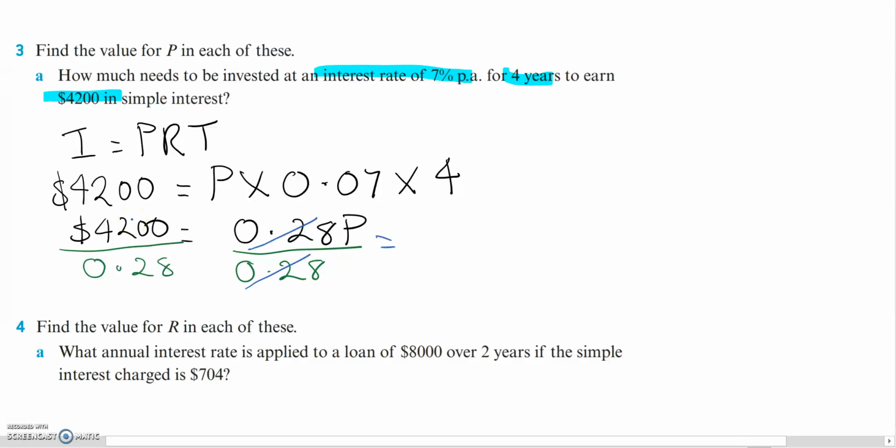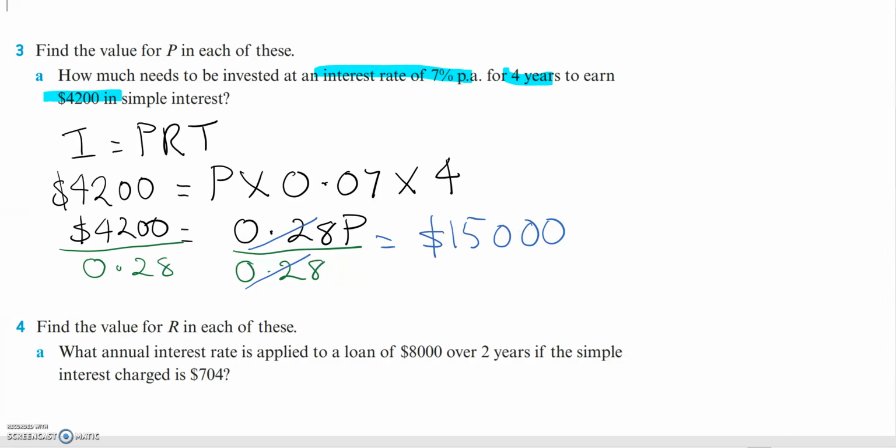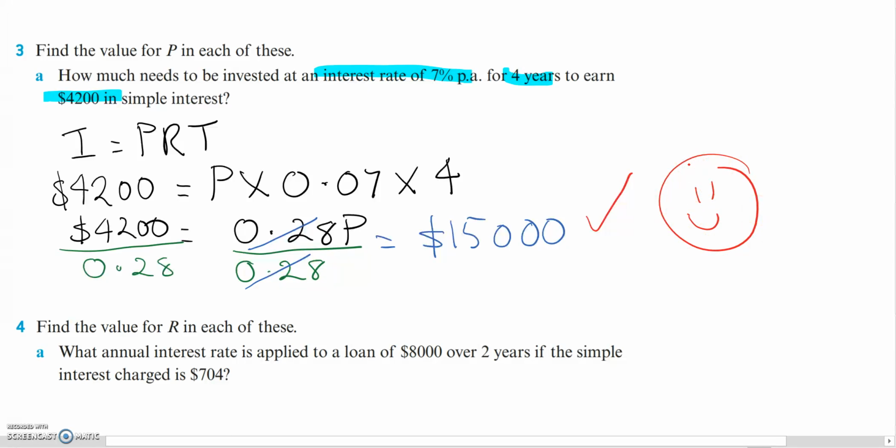And then the 4,200 divided by the 0.28 will give us our dollar amount for our principal, which is $15,000. And that is also correct. Smiley face once more.